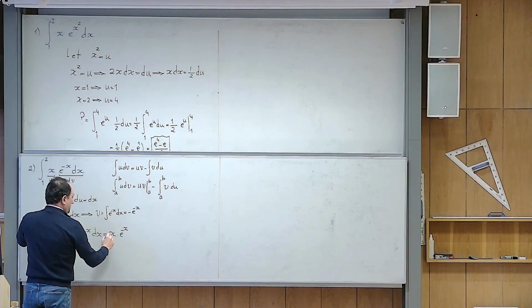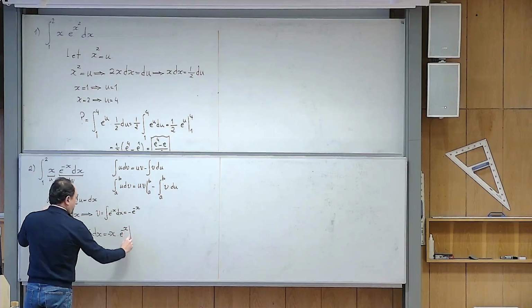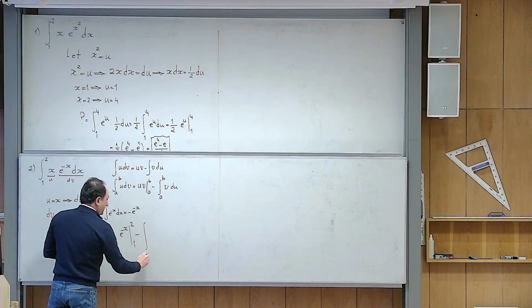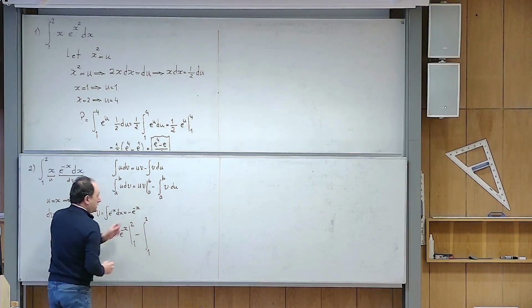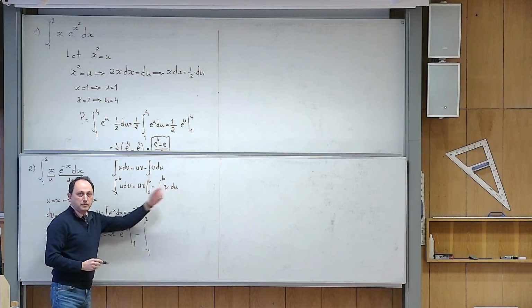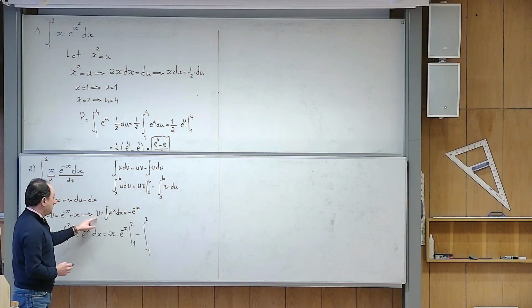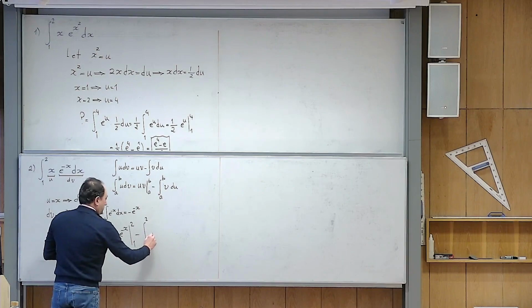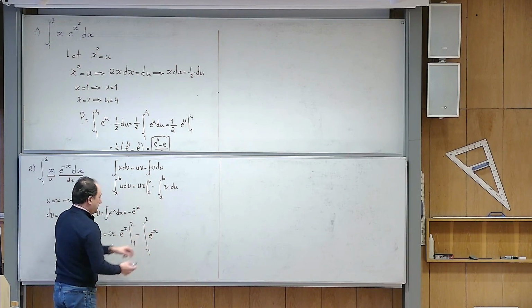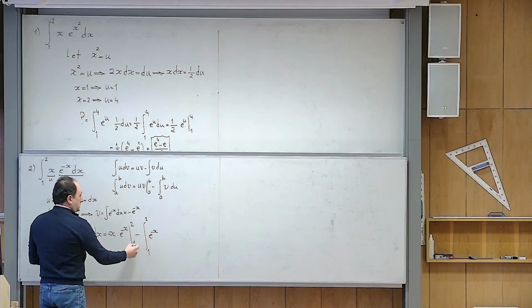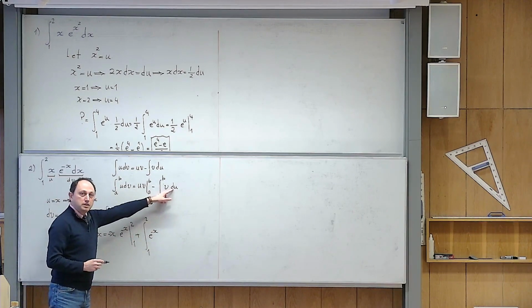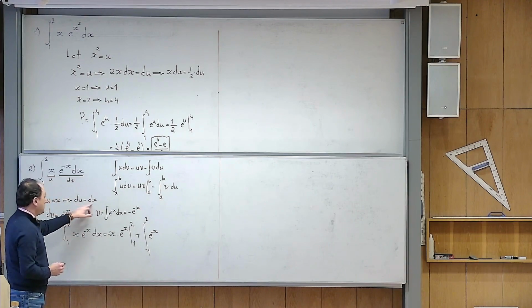So let me put the minus sign here, evaluated between the limits 1 to 2, minus the integral from 1 to 2, but this time of v times du. What is v? v is negative e to the power of minus x. So I put negative e to the power of minus x here, but that negative sign I pull out and it becomes positive here. And then I multiply it by du. What is du? du is dx.